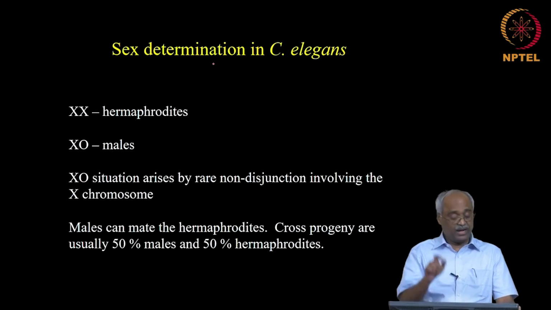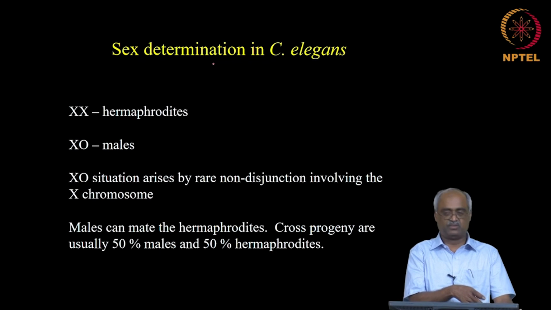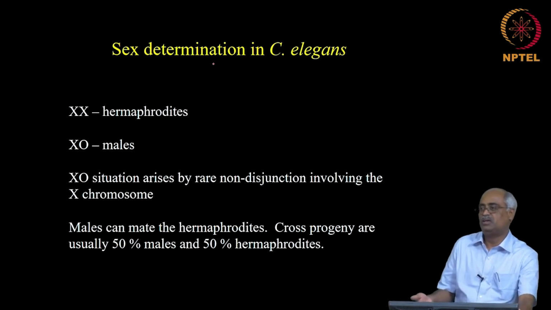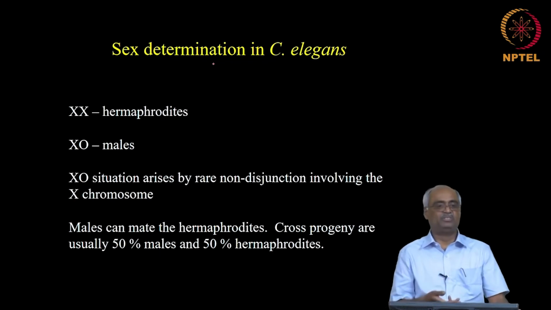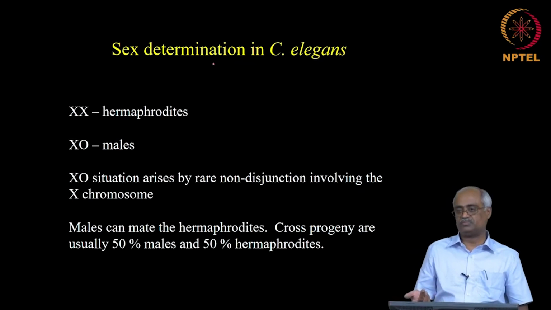And if that gamete fuses with a normal gamete having one X chromosome, you get the X0 situation, and those zygotes will eventually end up becoming males.